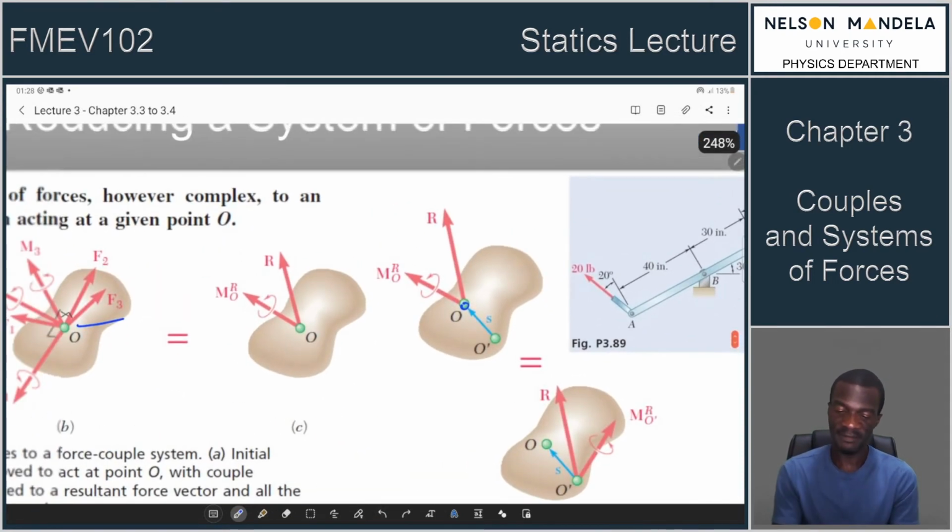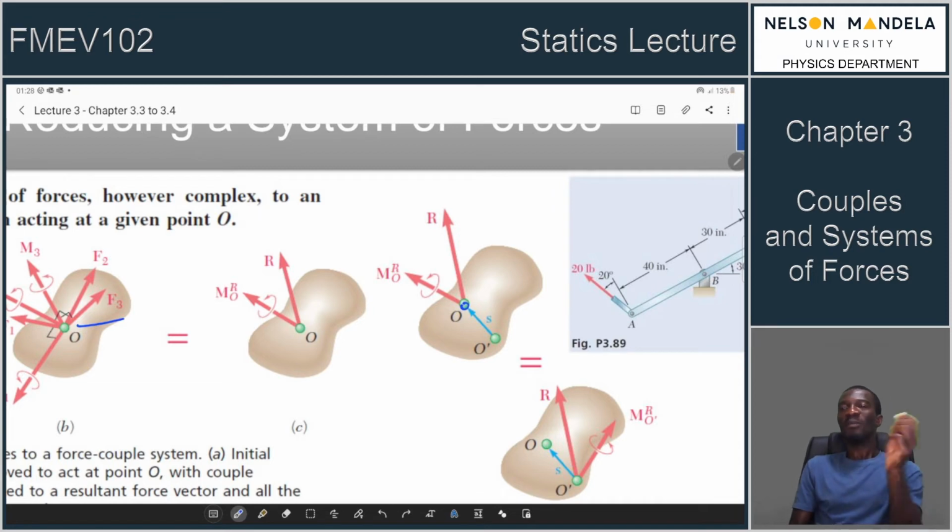By the way, it's very important for us to remember this resultant and the moment resultant is not the moment of the resultant force at point O.